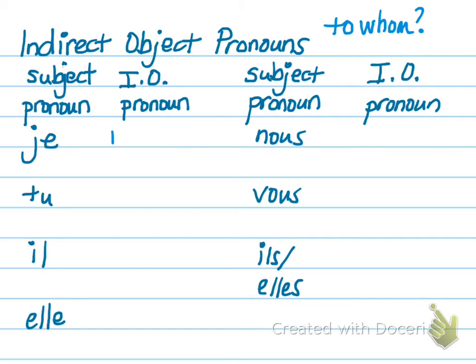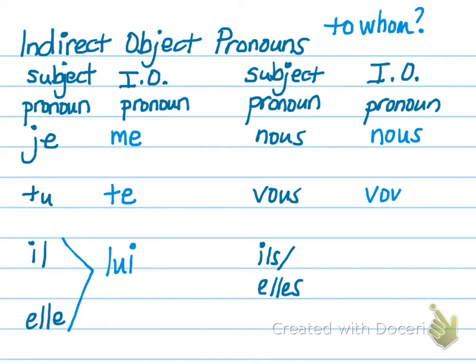My indirect object pronoun is me and te. For il and elle both, it's lui. For nous, it's nous. For vous, it's vous. And for ils and elles, it's leur. Again, in commands, this becomes moi, and this becomes toi.